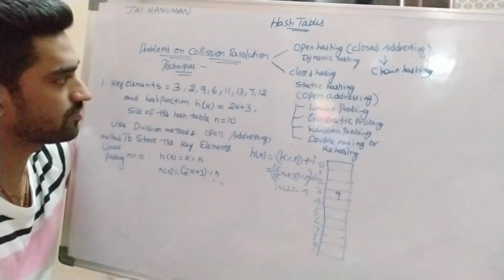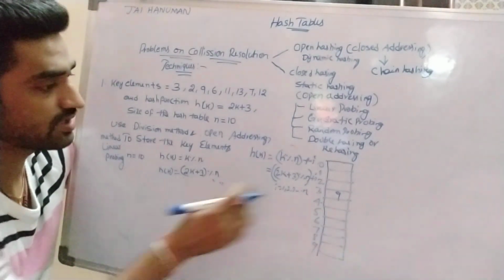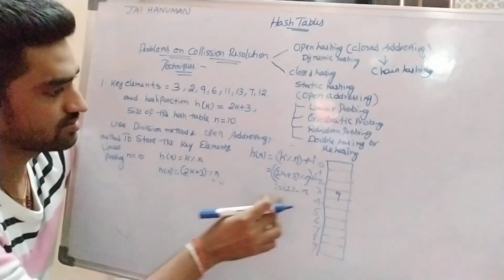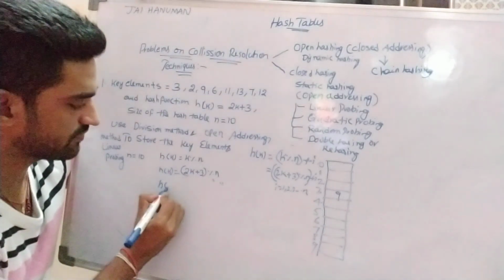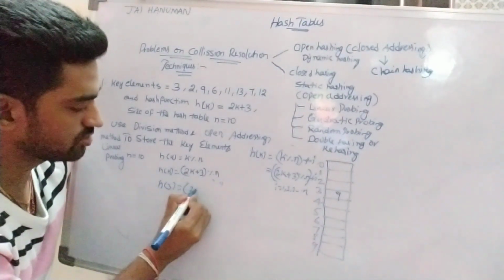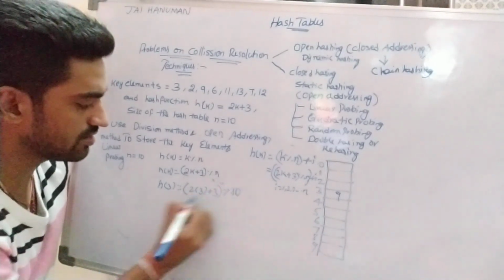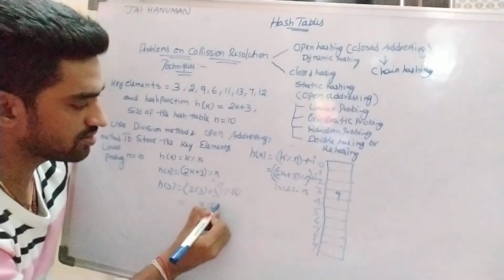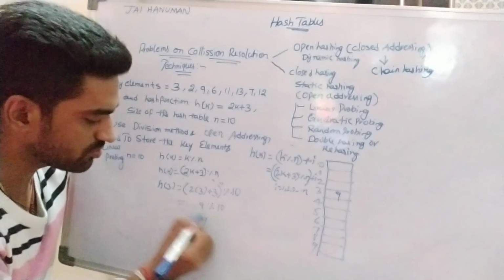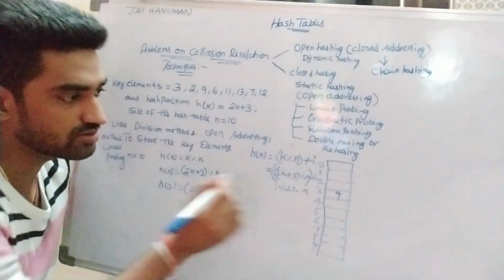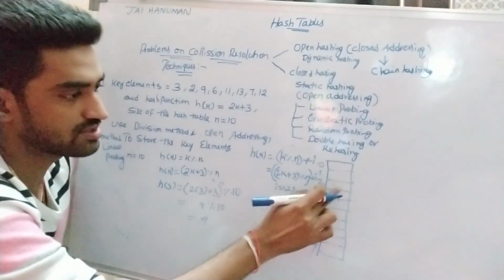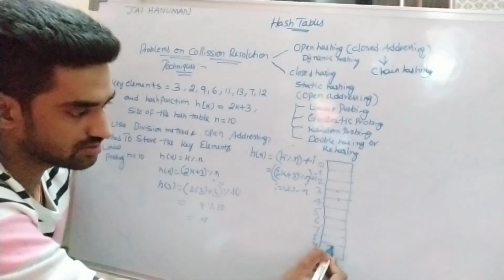H of 3. So H of 3, 2 into 3 plus 3 modulo division of 10, 9 modulo division of 10, 9. So at the ninth position we are inserting key value 3.